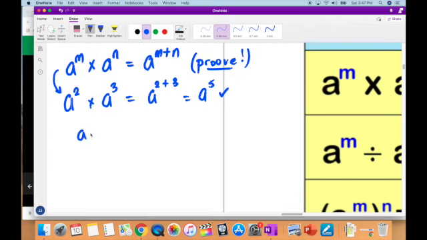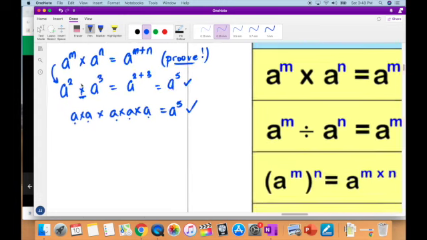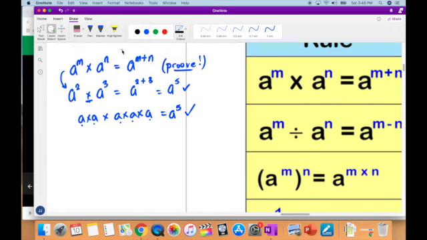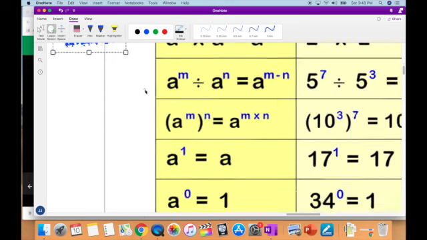We have a squared, a times a, and it's being multiplied by a cubed, a times a times a, and we can see that this is just a multiplied by itself 5 times, which is a to the 5th, and that is the proof. So you understand how to prove with Scotia and Shazay? Yes, sir. Right. So you're going to use a similar method, and in using that similar method, you are going to prove all of them.